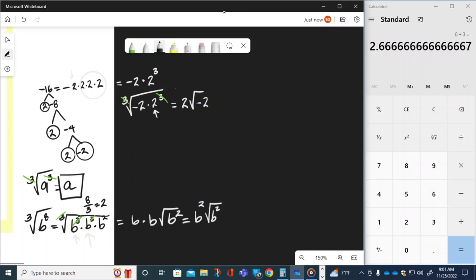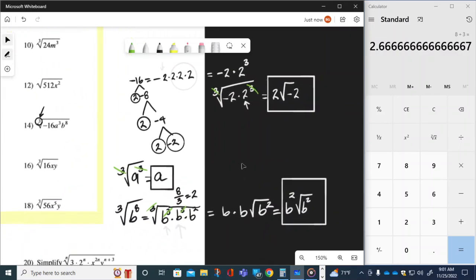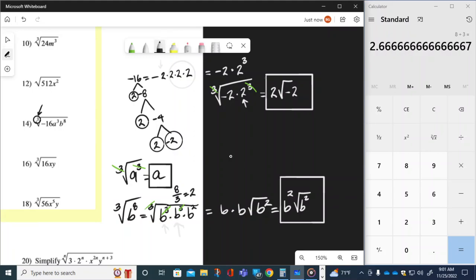All right, so now that you have all these components, all you have to do is just to combine all these guys. Combine them together. Okay? So, at the end, the answer to this exercise is going to be equal to 2 times the cubic root of minus 2, and then A, right, times A times B to the power of 2 and the cubic root of B to the power of 2.